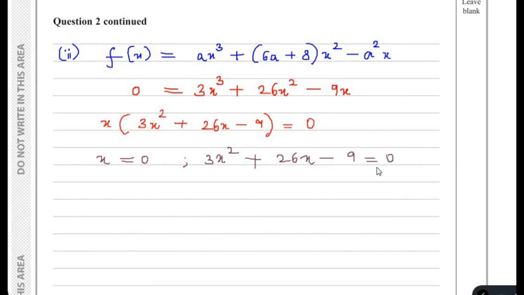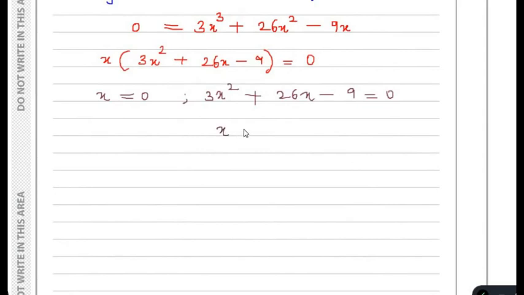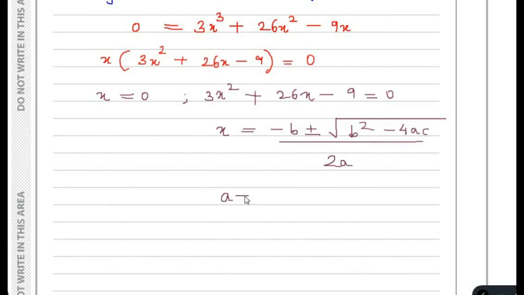I'm going to solve this quadratic expression using the quadratic formula, which is given as x equal to minus b plus minus square root of b square minus 4ac over 2a. So here a is nothing but the coefficient of x square, so it is 3 here, and b is the coefficient of x, which is 26, and c is the constant term, which is minus 9.